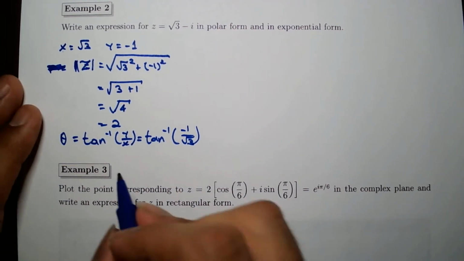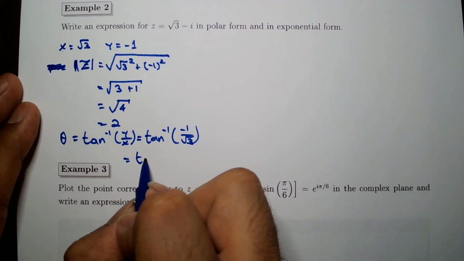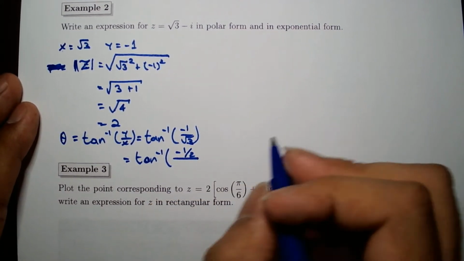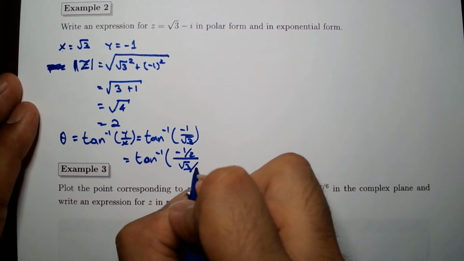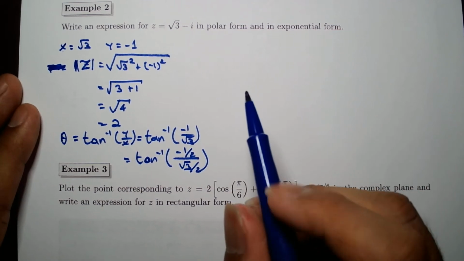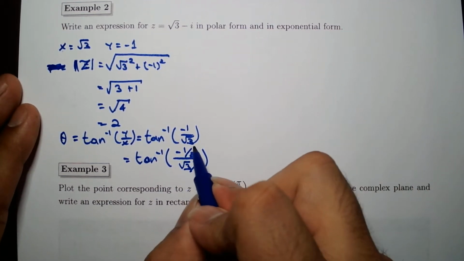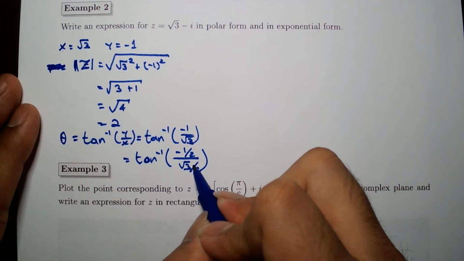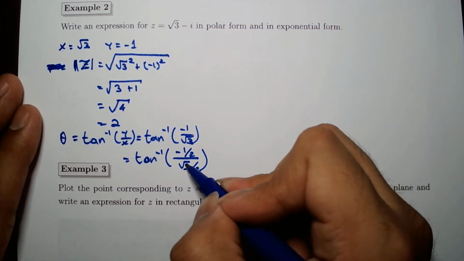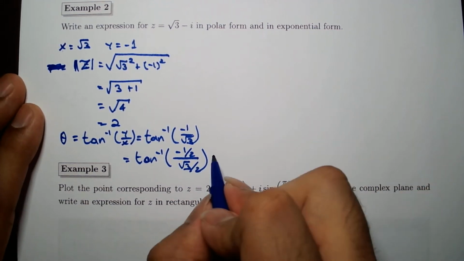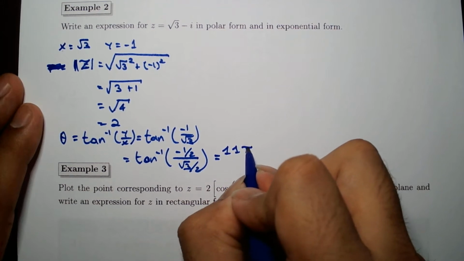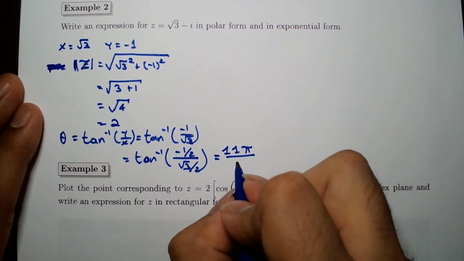Well, if it works better for you, you might want to write this as the inverse tangent of negative 1 half over root of 3 over 2. That way you can look at a point in the unit circle where y equals negative 1 half and x equals square root of 3 over 2. And in this case, the angle in question would be 11 pi over 6. All right.